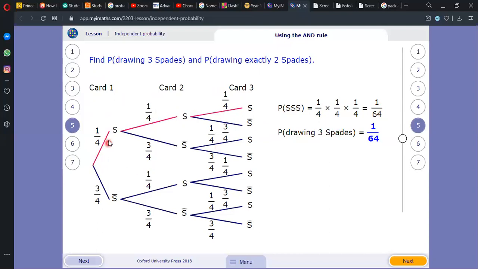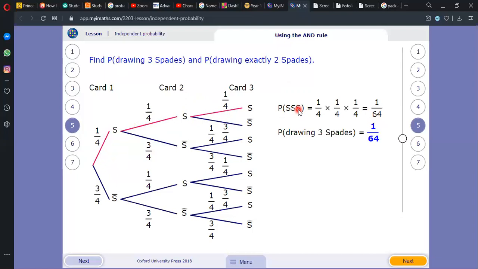That is why this goes for pink lines for the branches, to show you the direction in which we have taken to pick our probabilities for the solution of probability of S, S, S. Now, guys, take note of this. You need to understand this very quickly.